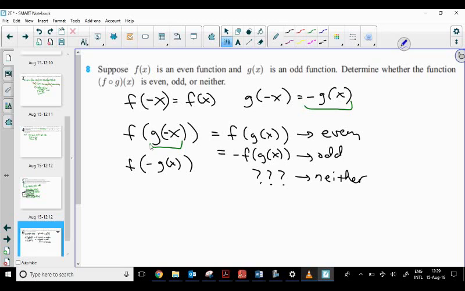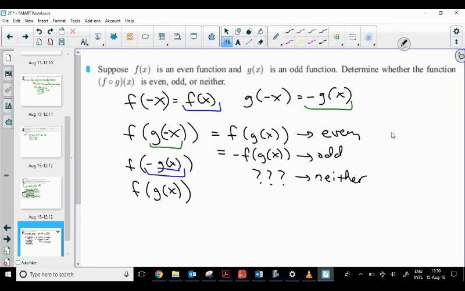But I also know what happens when I take f of negative whatever its input is. Since f is an even function, that's just going to equal f of g of x. And there I have my answer. This ended up being an even function. The composite in this case of an even and an odd in this order is an even function.